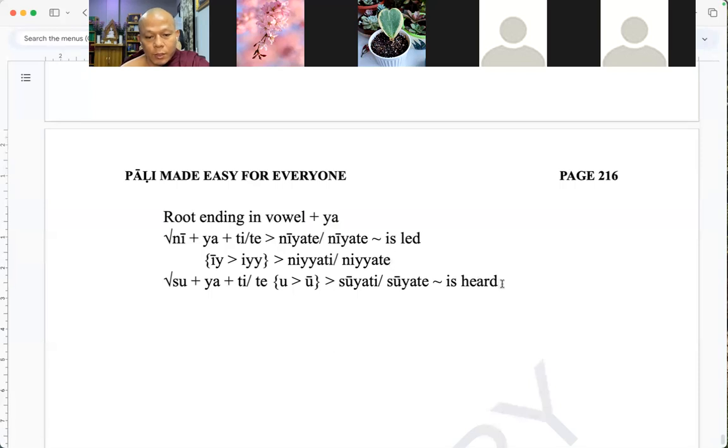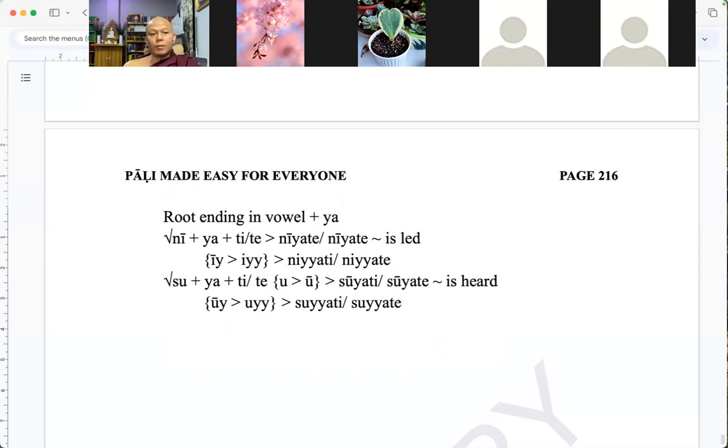Here also such a change can be seen: u-ya becomes o-ya, yeti and yeti, the same meaning, but such a change is a power shifting.